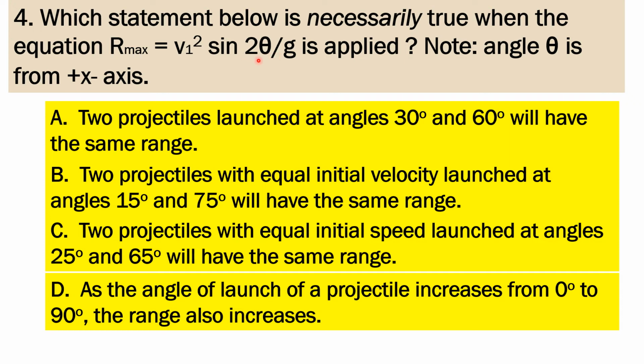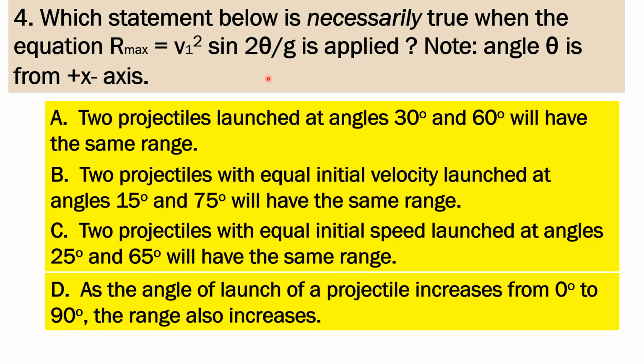And what if the angle theta is 60 degrees? Since we multiply by 2, that becomes 120. And what's the sine value of 120 degrees? You will find out, when you check with your calculator, that the sine value of 120 degrees and the sine value of 60 degrees are just equal.